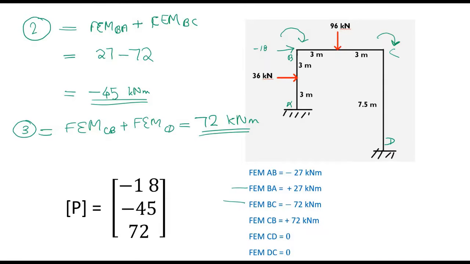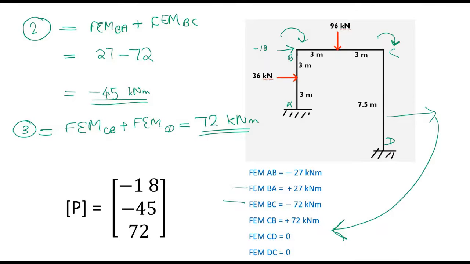This is the force matrix we have developed using our structure. We may need the fixed end moments of each end that we calculated in step number 4, so you can just take them from there. It is very easy to calculate the force matrix, I guess.